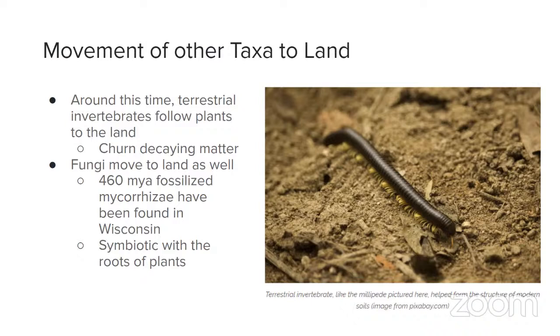Invertebrates are anything that doesn't have bones, so it doesn't have vertebrae. Much of what we've been talking about to this point are invertebrates, like our mollusks and a lot of these phyla that are arthropods. That's the word I was looking for. We think a lot about arthropods when we think about invertebrates.